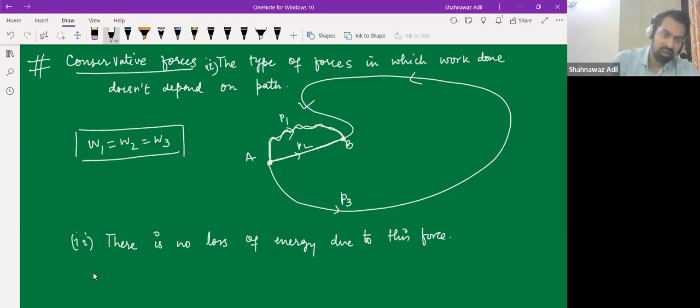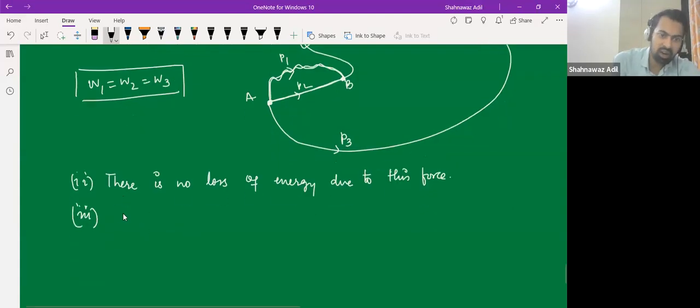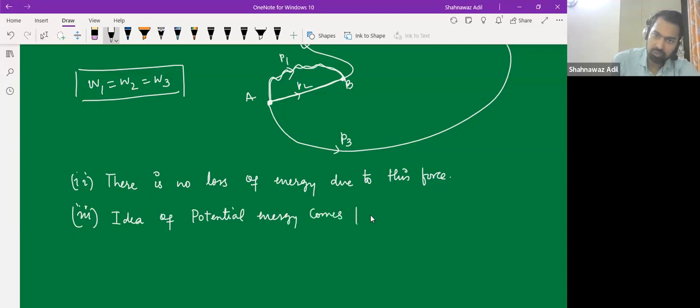And the third thing, why this force is important, is that the idea of potential energy comes from conservative force.